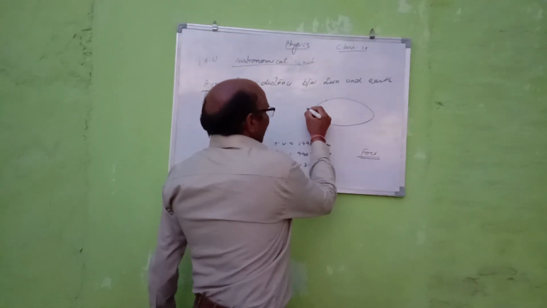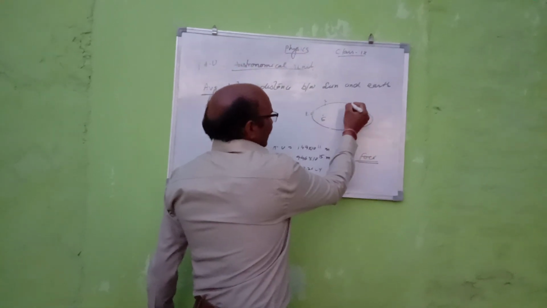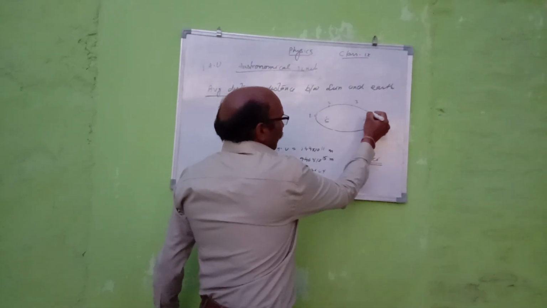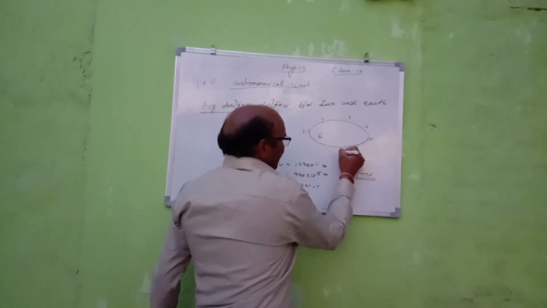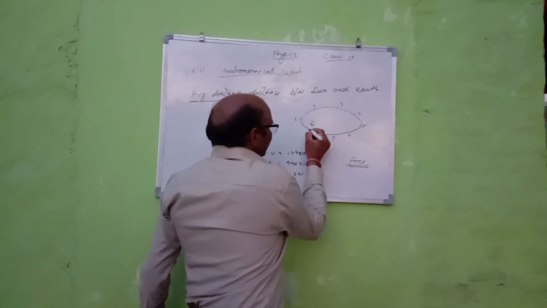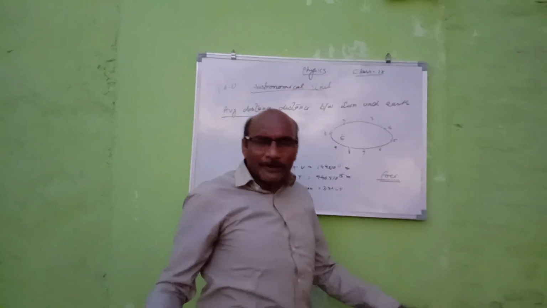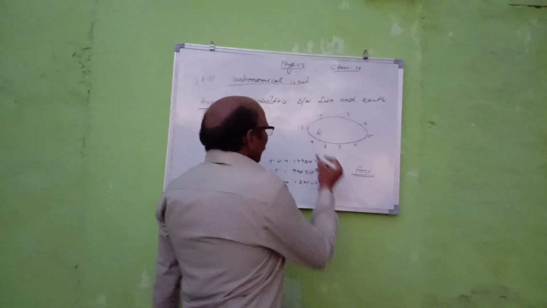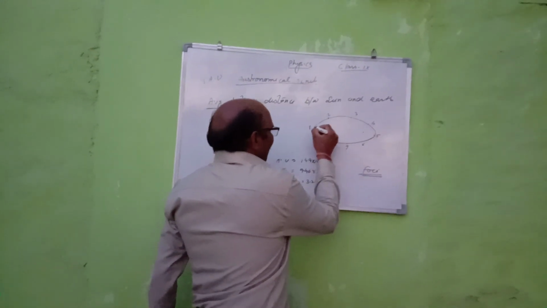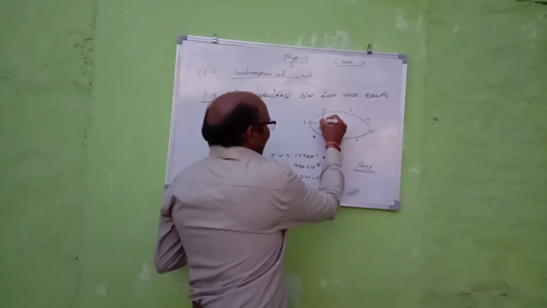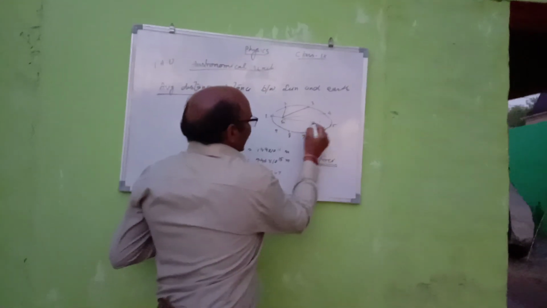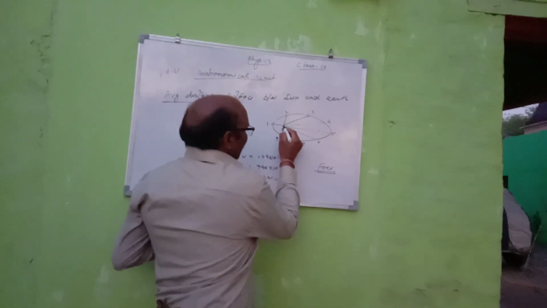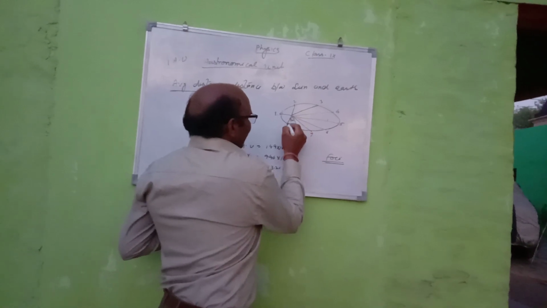This is number 1, this is number 2, let this be number 3, this number 4, this number 5, this number 6, this is number 7, this is number 8, number 9. You can take any point. I am going to measure the distance between the sun and the first point, sun and second point, sun and third point, and so on up to the ninth.